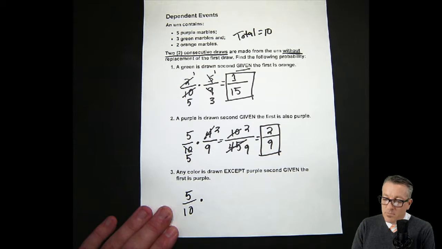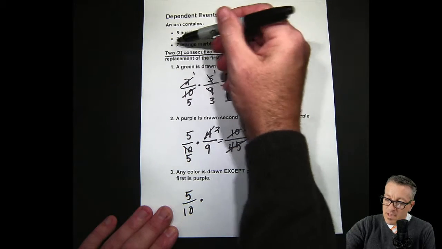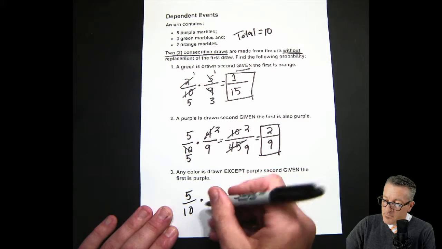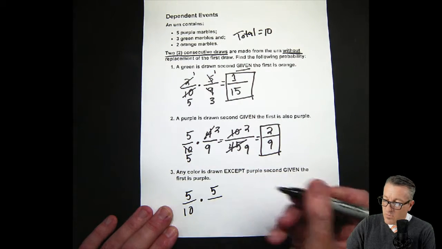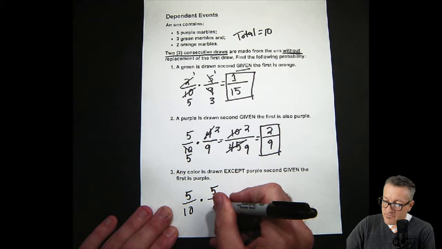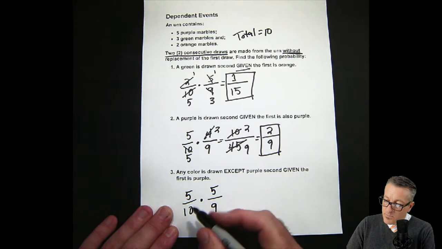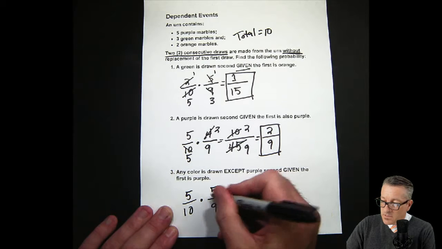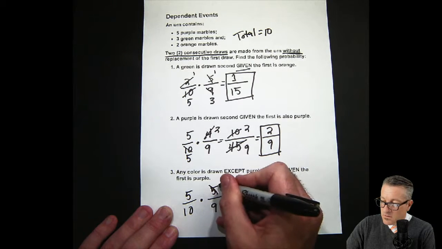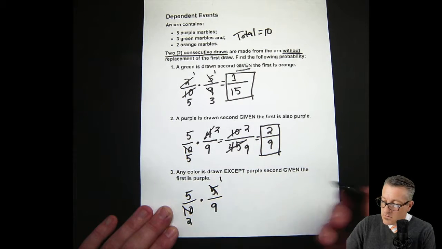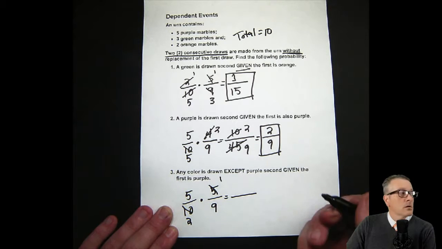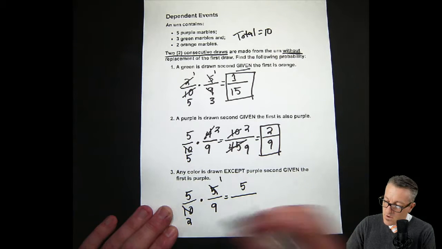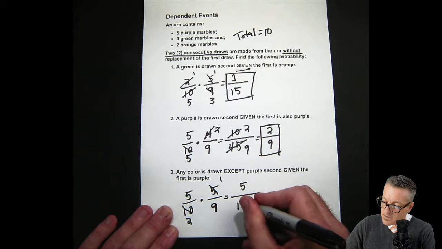And then for anything but purple, we have 5 that are not purple and 9 left. So we can do some reducing again. And in this case, we end up with 5 over 18.